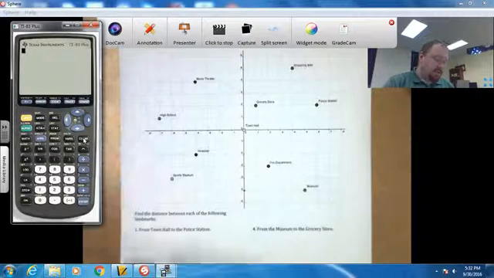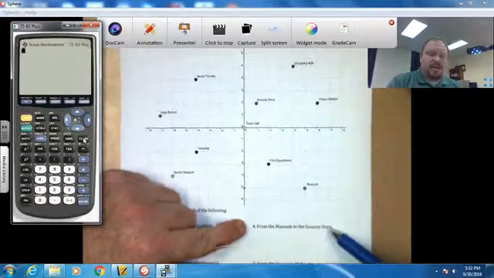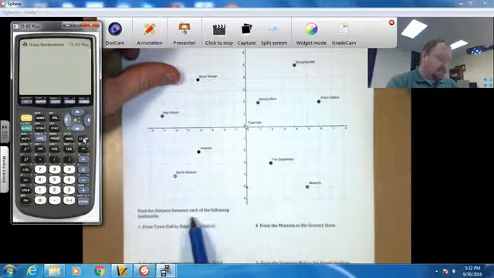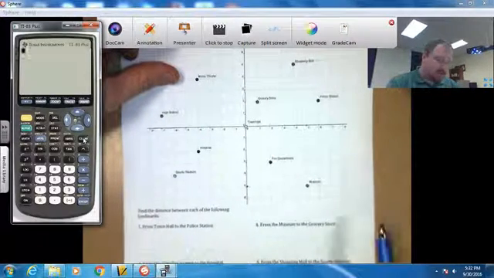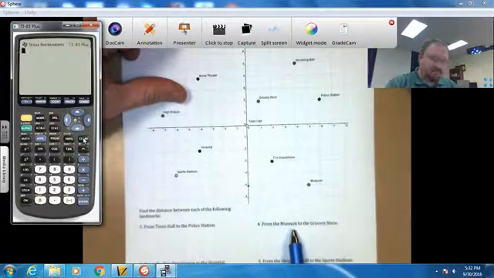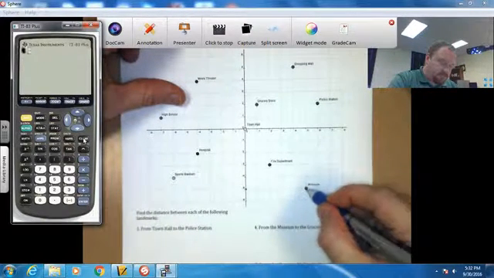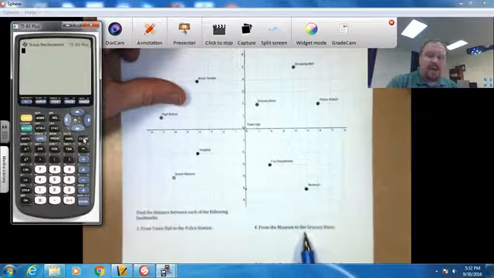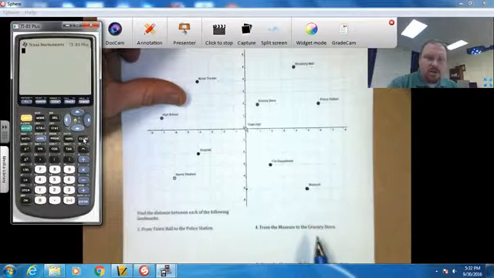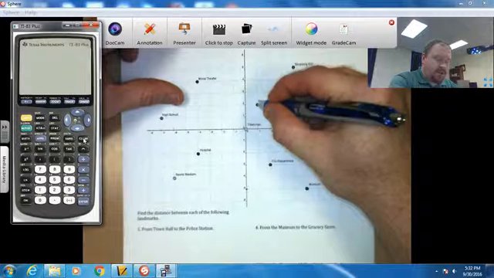I'm looking right here at number 4. They want us to find the distance between each of the following landmarks. So they want us to find the museum. The museum is down here. And to find out how far it is to the grocery store. The grocery store is right up here.